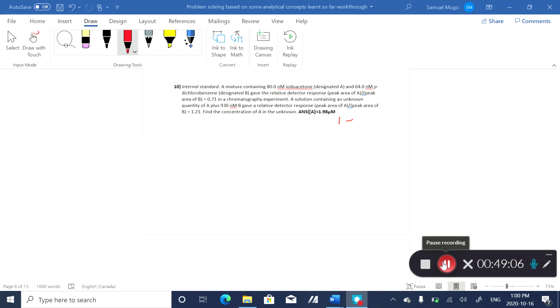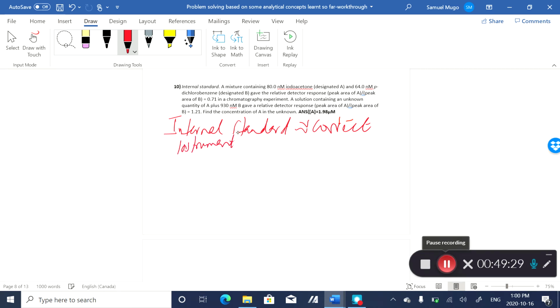So the next problem is an internal standard addition problem. Now remember the purpose of the internal standard: it is to correct for instrument irreproducibility.